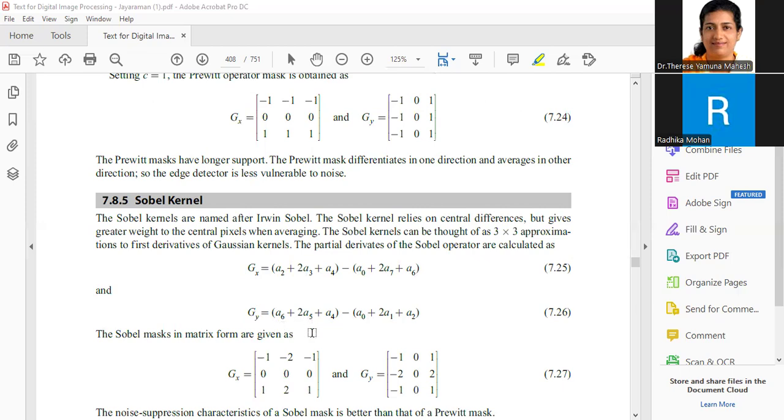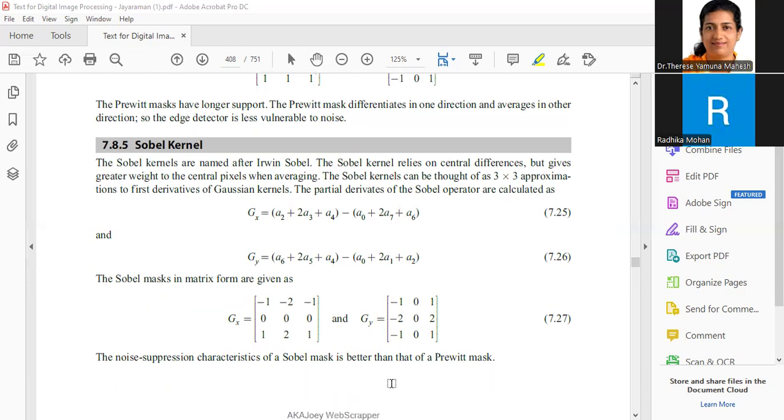Similarly, for gy, this is the last column, this is the first column. In the last column you are multiplying the middle term by 2, and the first column also. So this is negative and this is positive. That is written here.